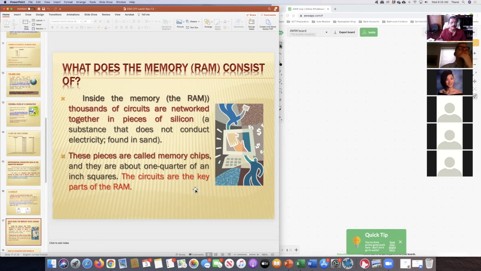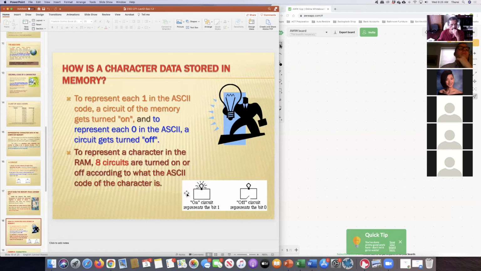So the memory means the RAM, the computer memory. Inside the memory, which is RAM, 8 circuits will be selected. Anytime you store a character, 8 circuits will be selected to represent that character. And those circuits will be turned on and off according to the pattern of the ASCII code that we have for that character.